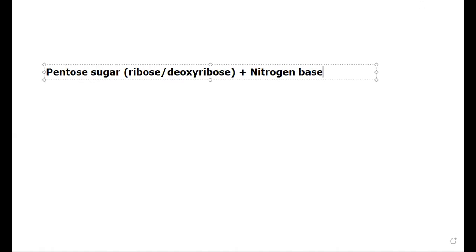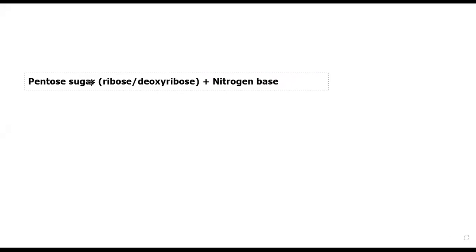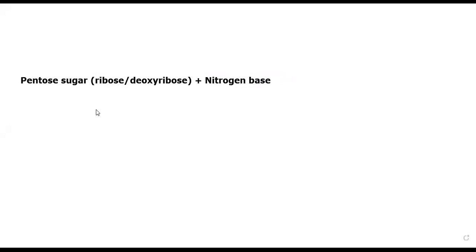Now, who two are connected? Pentose sugar and nitrogen base. The product is called nucleoside. Understood? Yes, sir. Pentose sugar and nitrogen base is called, what is it? Nucleoside.